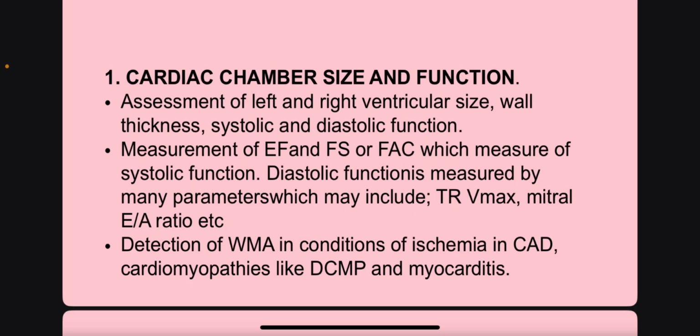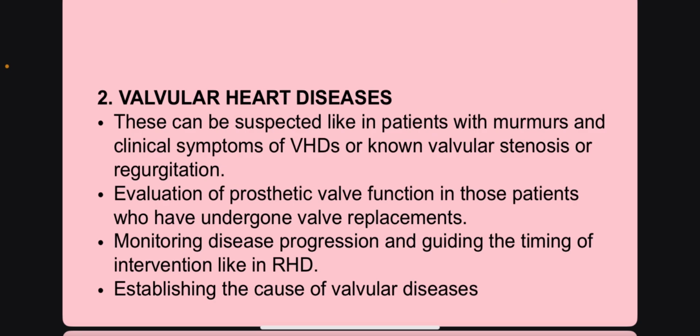Indication number 2 is valvular diseases. Valvular disease may be suspected, like in patients with murmurs, or from clinical symptoms of valvular stenosis or regurgitation. Or it may be just for follow-up.